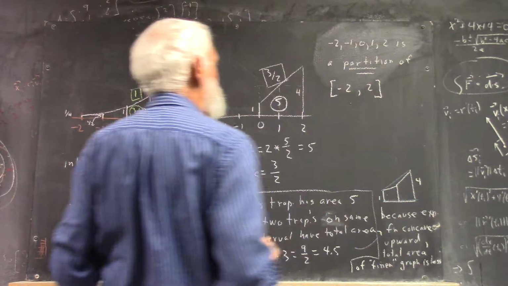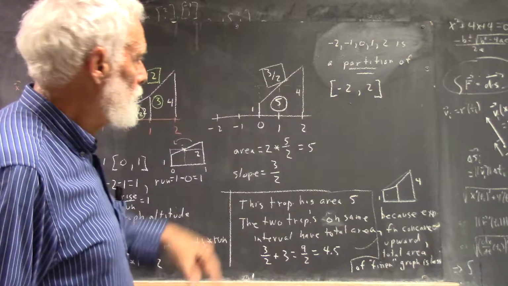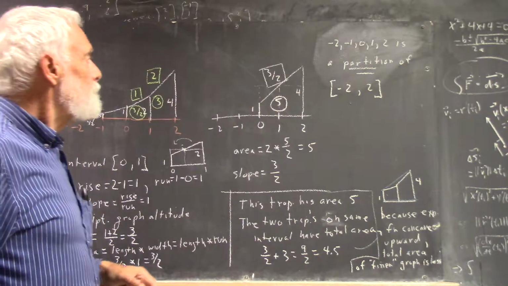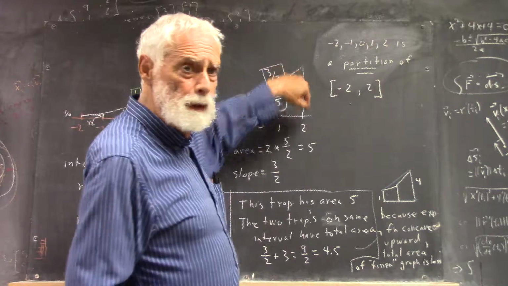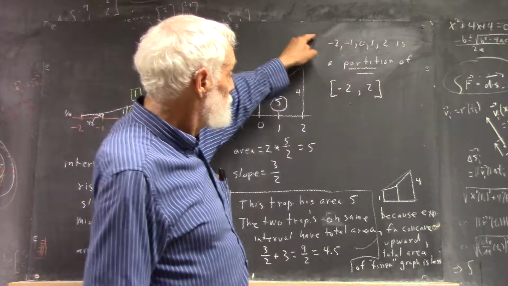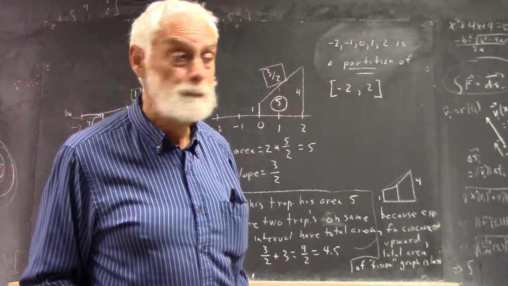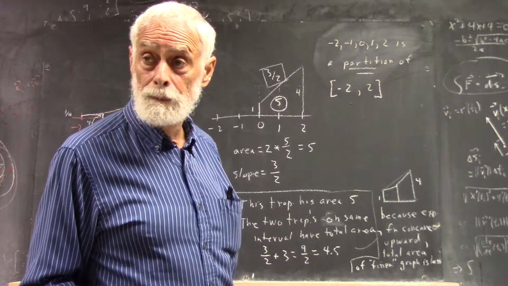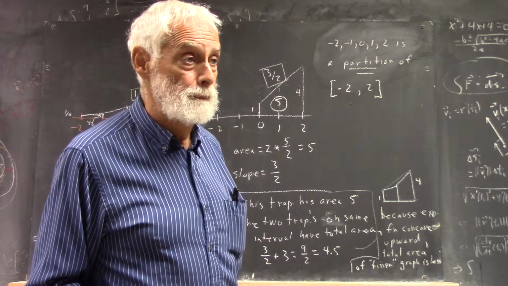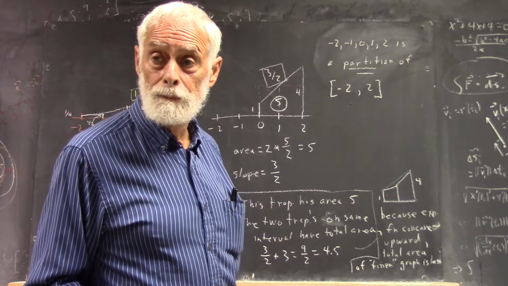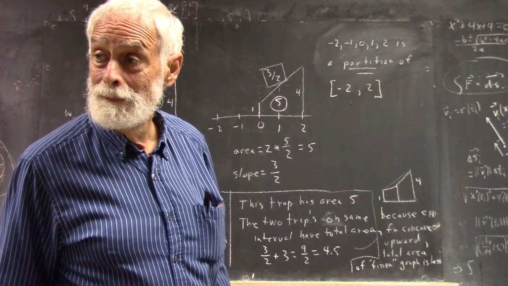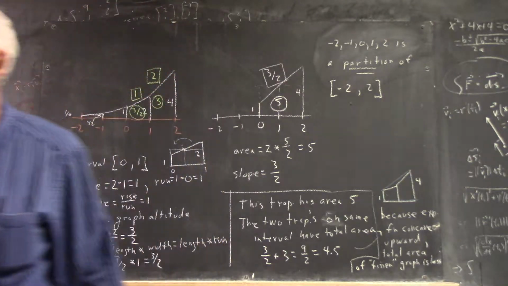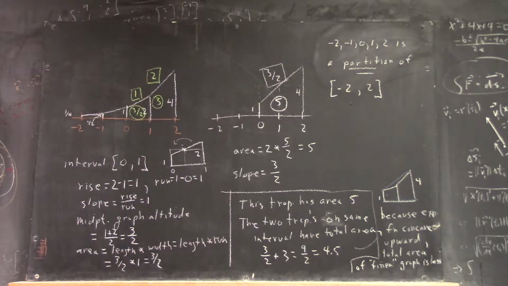Without writing a definition of a partition, there's an example of one. What do you think the word partition means here, if this is a partition of this interval? Like all the numbers within something? Well, we don't have them all.